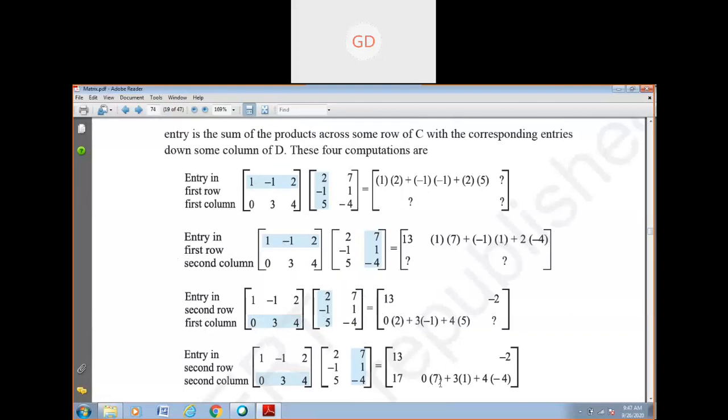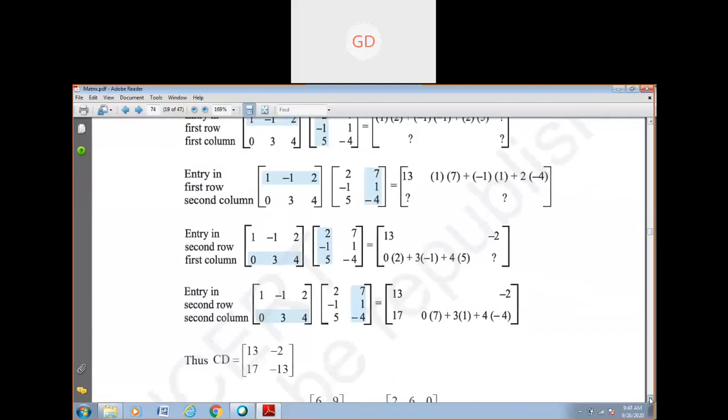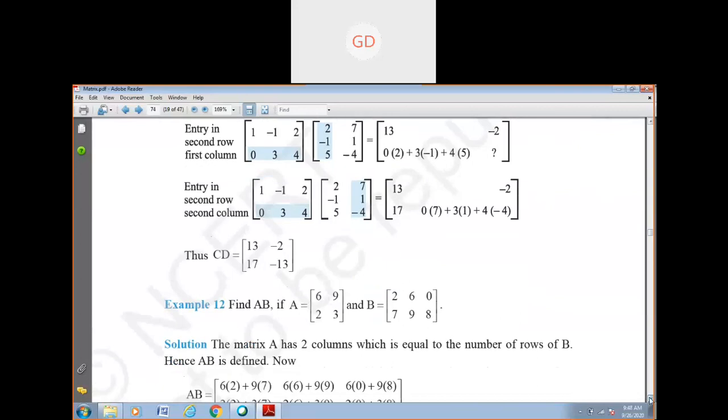So if we multiply by the first row, we will have the first row. If we multiply by the second row, then we will have the second row of the result. So this is the procedure to have the multiplication of two matrices.